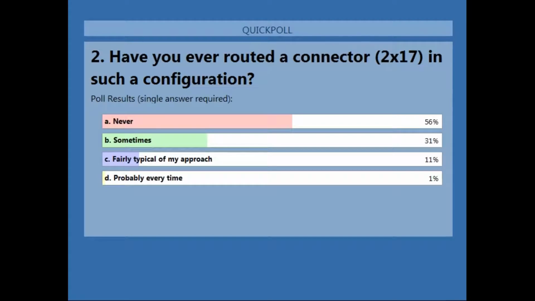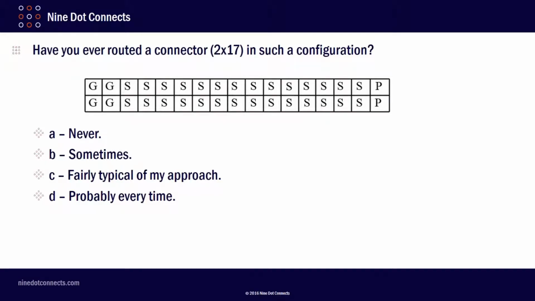Wow, that's awesome news. There's a lot of smart people out there. So 56% said never. That's good. If you voted sometimes or even fairly typical, don't feel too bad. There's a lot of people that make this mistake, and I'm going to hope to help you understand why this is a bad idea.